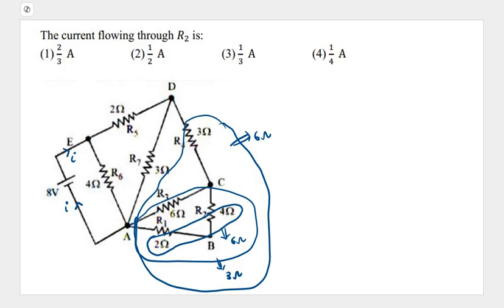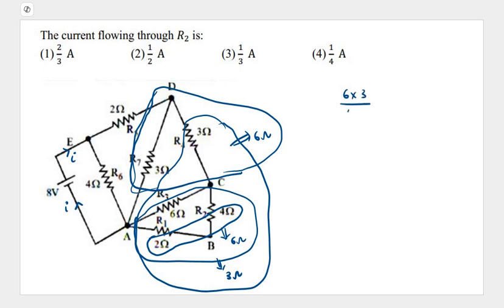Now this 6 ohms and this 3 ohms are in parallel. So in parallel, what is the equivalent resistance? 6 into 3 divided by 6 plus 3, that is 18 divided by 9. The answer comes out to be 2 ohms.